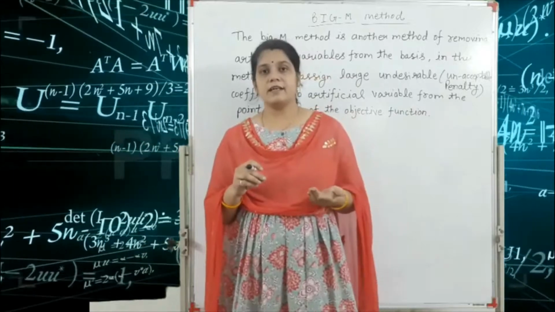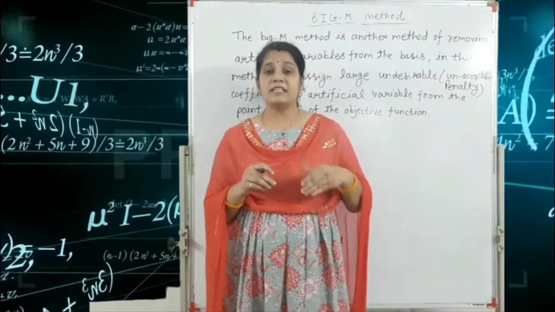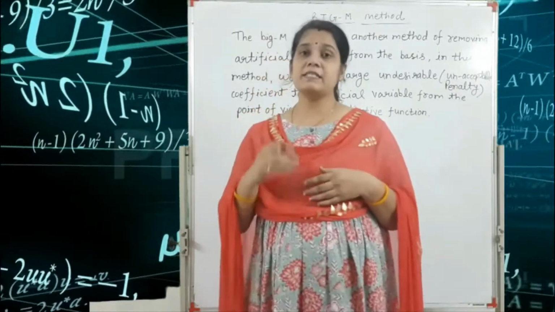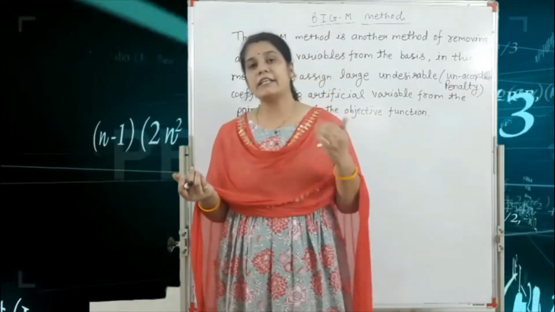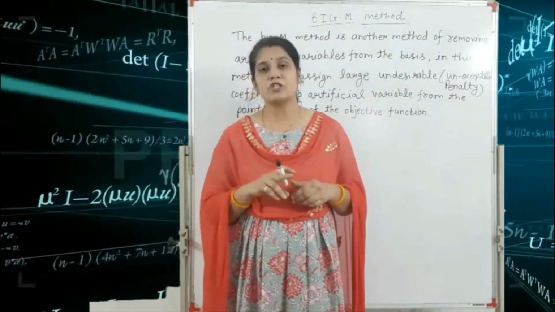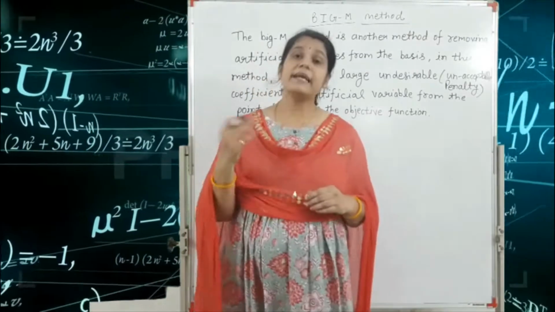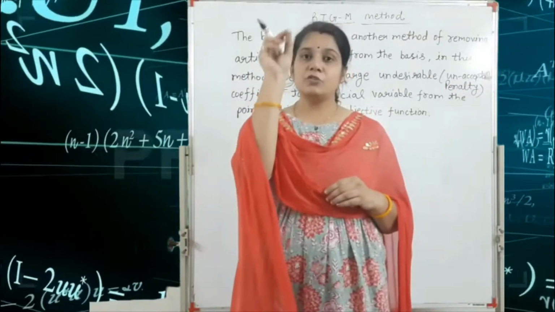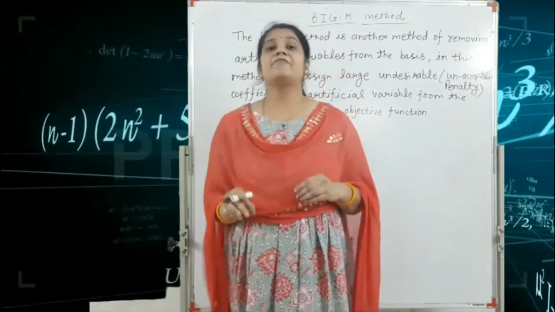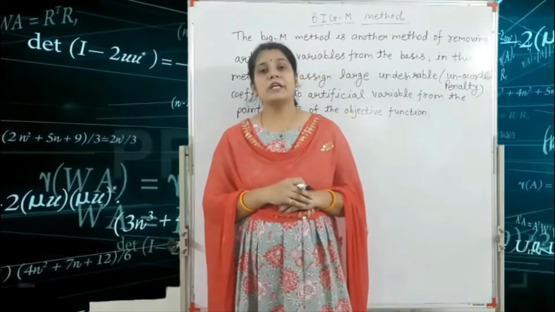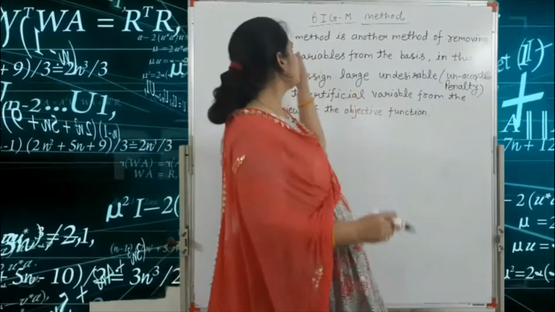In case our leaving variable is an artificial variable, sometimes you are given such a question where the artificial variable leaves, so in the next table we don't write the artificial variable. Here we solve by the Big M method.